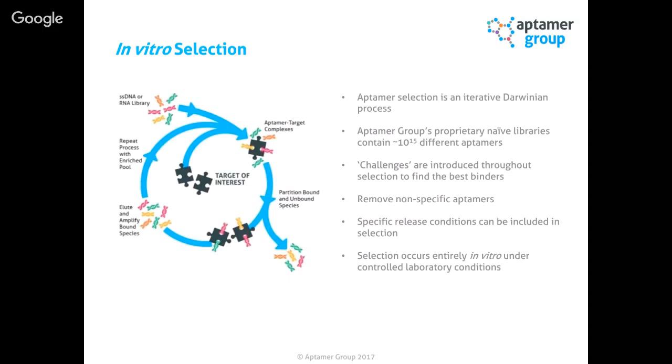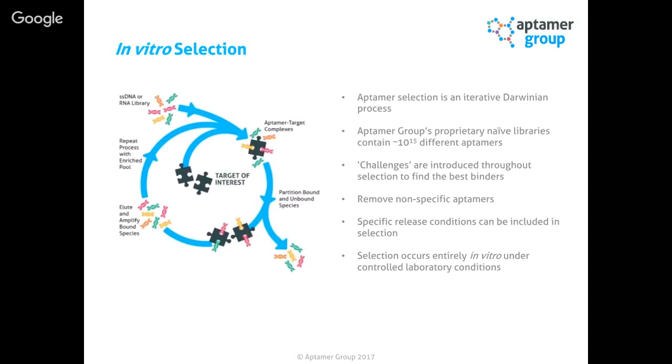We then recover the bound sequences, usually through a denaturation process, and recover those Aptamers and amplify them up. We can build in additional steps here though. As part of our Aptabind process, generating Aptamers for protein purification, as well as being able to bind the target, it's very important that the Aptamers can also let go again.